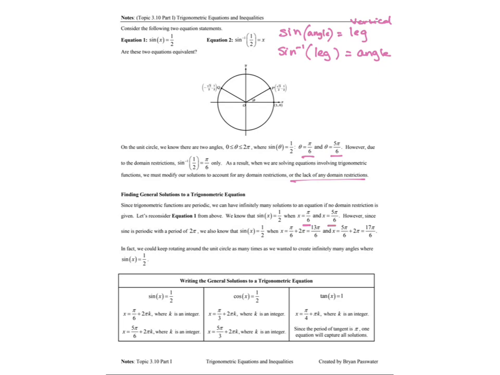However, since sine is periodic with a period of 2 pi, we also know that sine of x is half when x equals pi over 6 plus 2 pi, which would be at 13 pi over 6. Or let's say I make 2 trips around the circle. Then what?